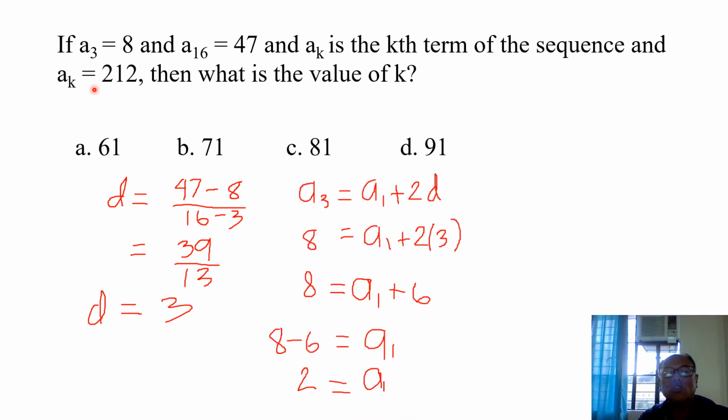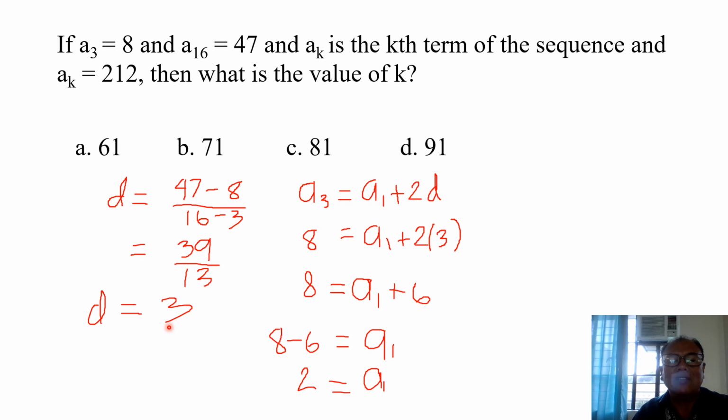So from there, we can now solve for the value of k. Since we are looking for the value of a1, we are going to utilize A sub 3 from the given. So A sub 3 is equivalent to a1 plus twice the common difference. And we are given that 8 is the third term, a1 is unknown, so we just let it be a1 plus 2 times the common difference, 3.